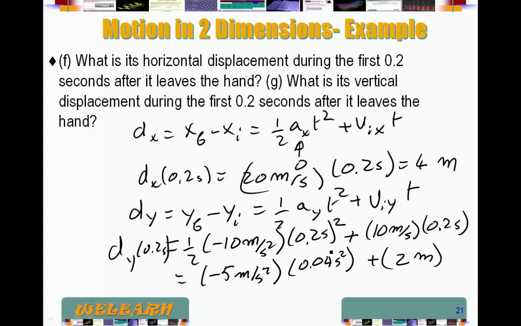Now here 0.04 times 5 leaves us with minus 0.2 meters plus 2 meters. So that leaves us with 1.8 meters. That's the amount of displacement during the first 0.2 seconds.